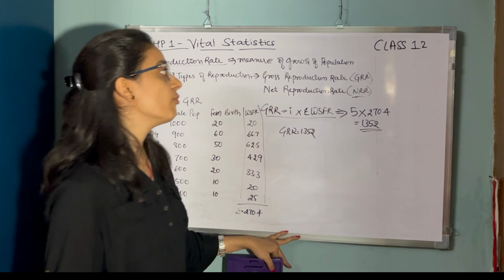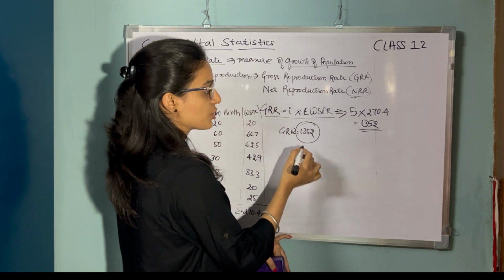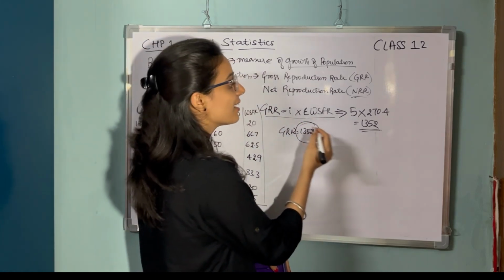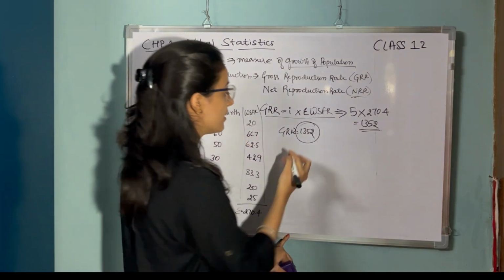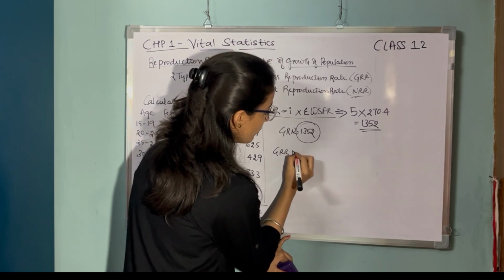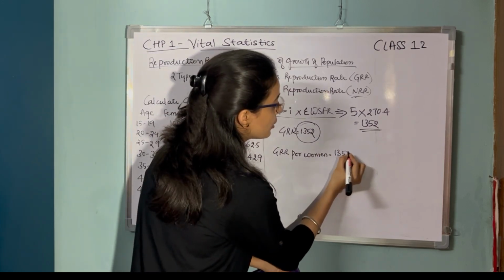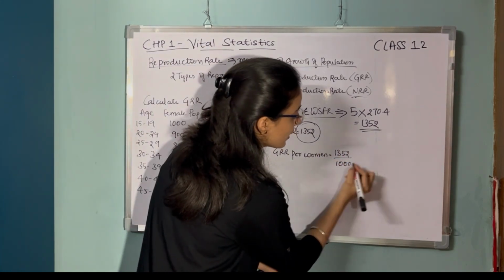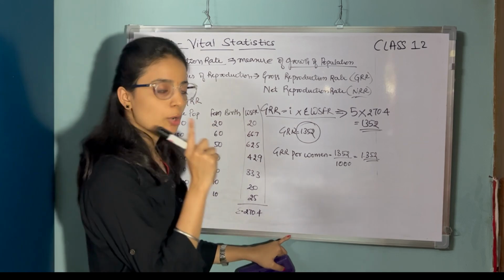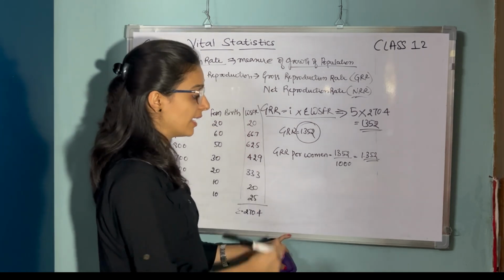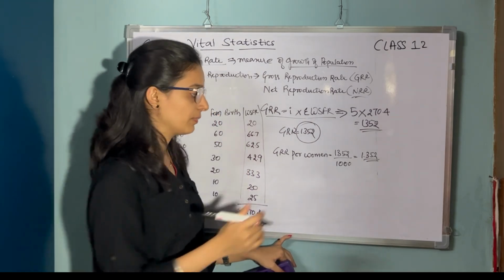But we are calculating growth of population. This female birth is for 1000 individuals, because WSFR was calculated for 1000 individuals. So GRR per woman is 1352 divided by 1000, which is 1.352. A very important point in GRR is that we have to give a conclusion whether the population is growing, constant, or decreasing.